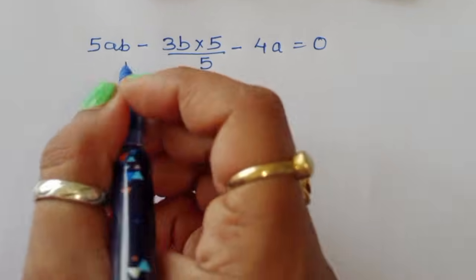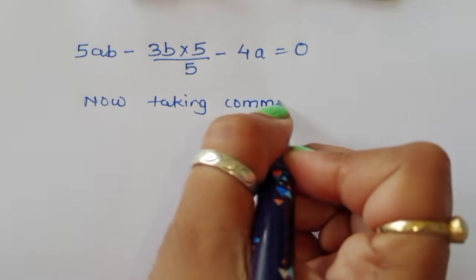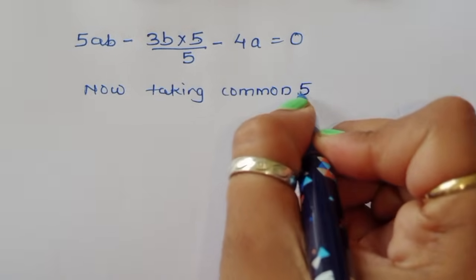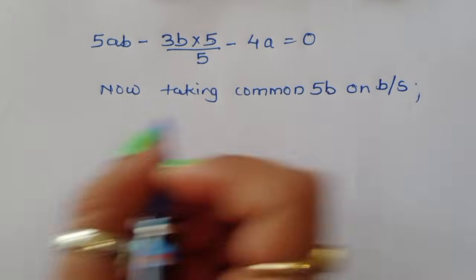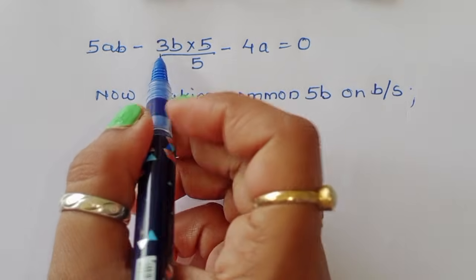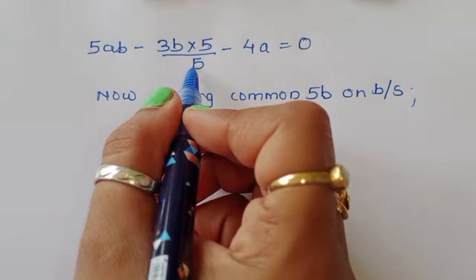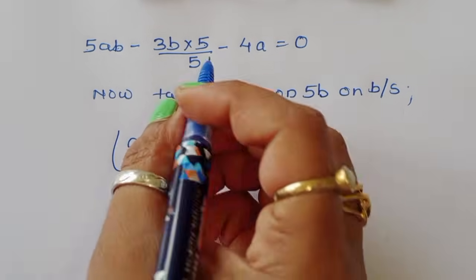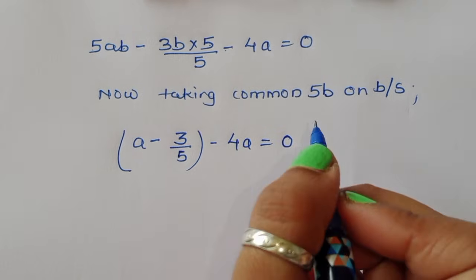Now taking 5b common on both sides, the left term is a, minus, the left term from 3b times 5 is 3 upon 5, minus 4a equal to 0.